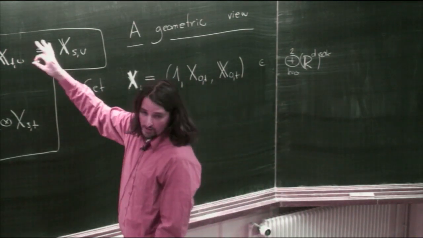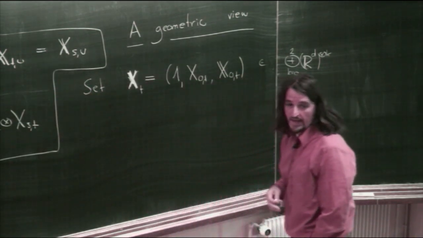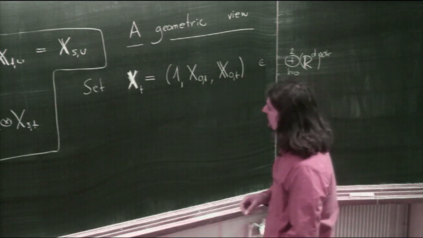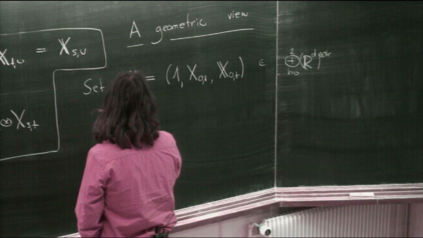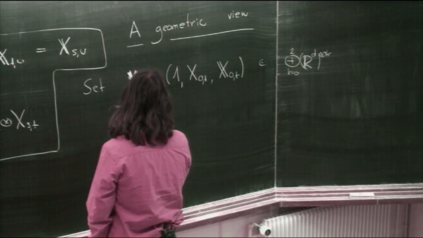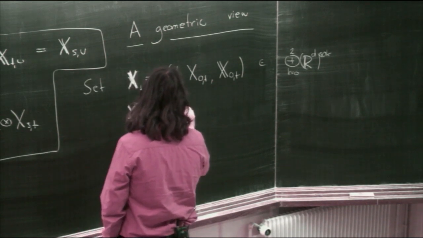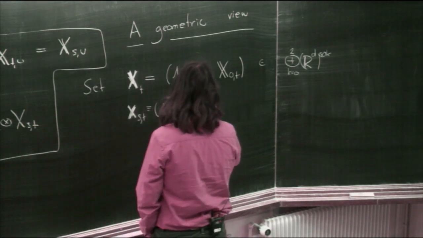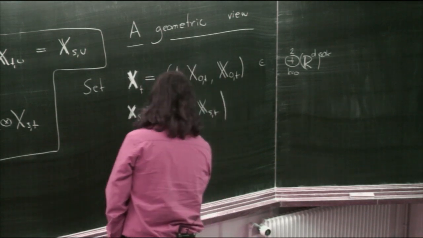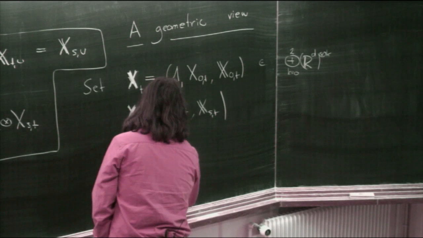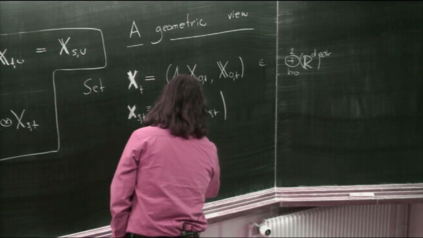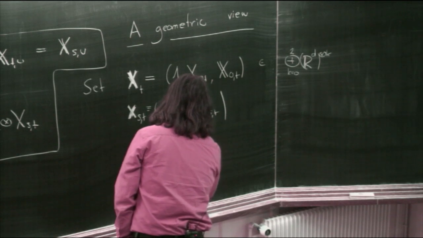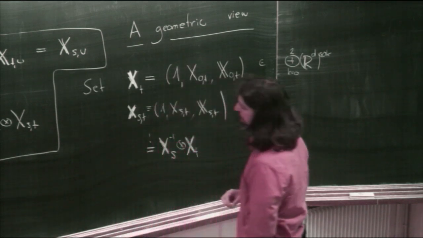And if you read this chain condition, it actually says nothing else than X_{s,t}, which is 1 X_{s,t}, right?